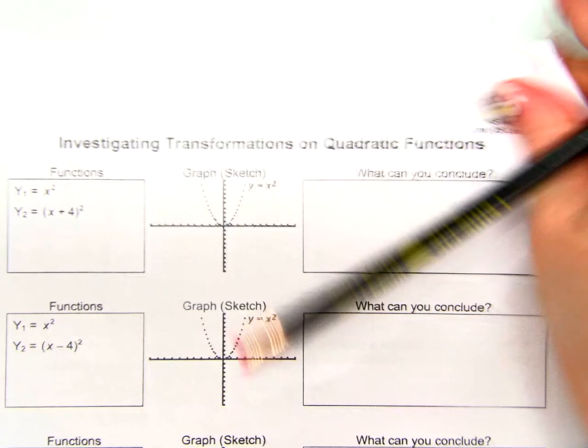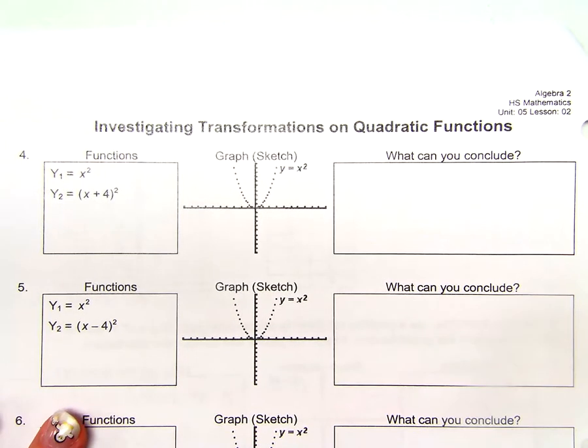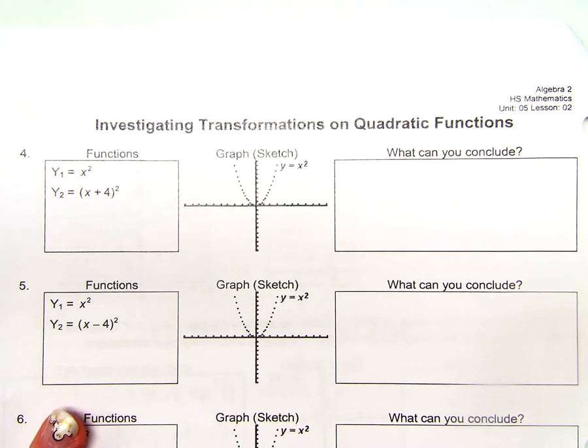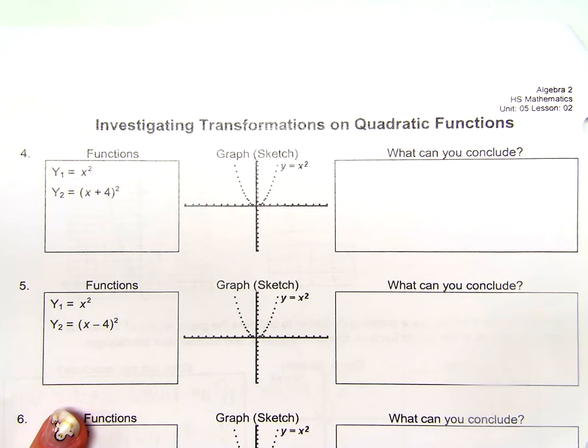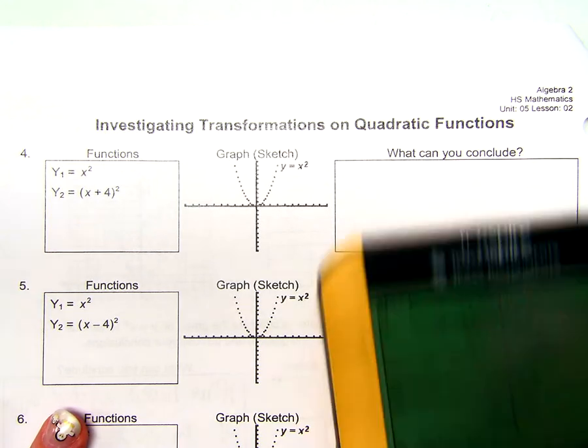Okay. What about 4? What's your prediction? It's going to move to the right. Is that what you said?